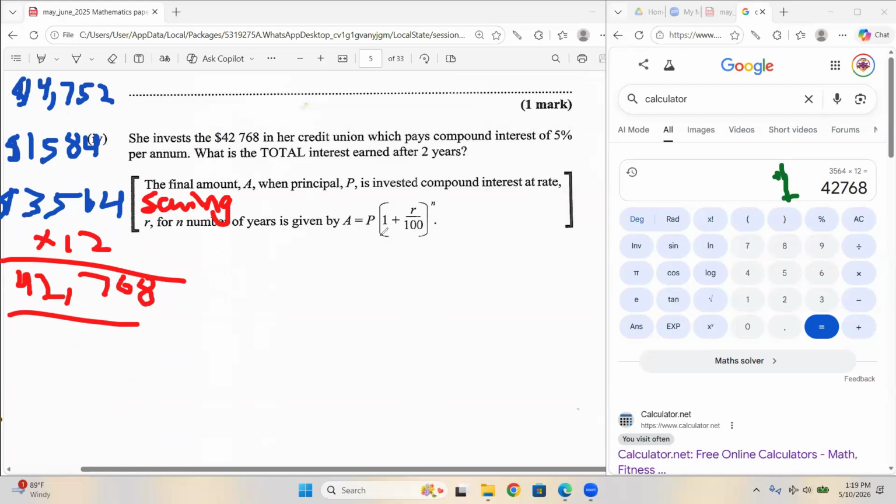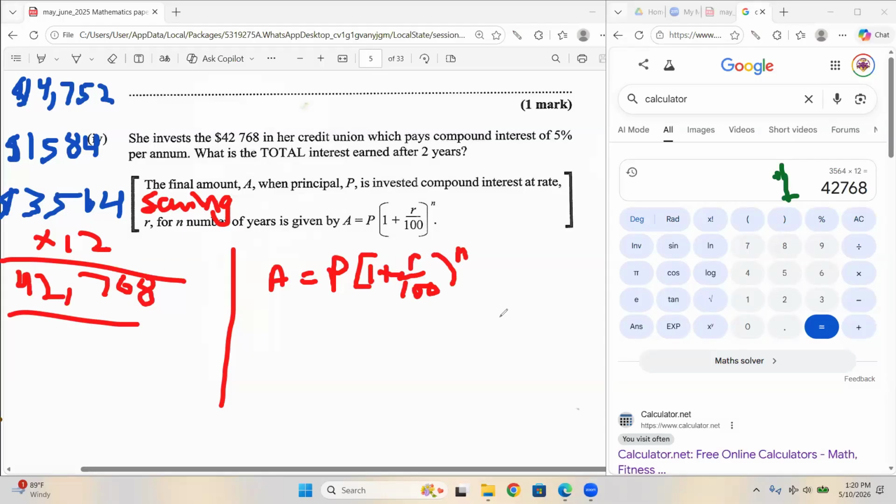So using that, finding the amount of money, we take the principal amount, times one add the rate divided by 100, close brackets, to a power.